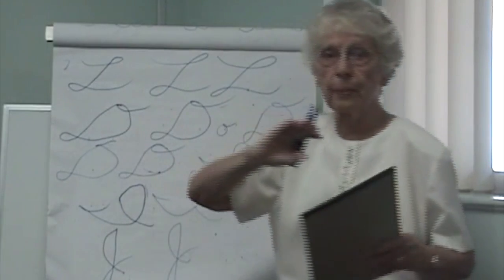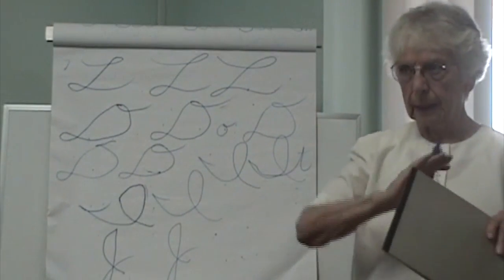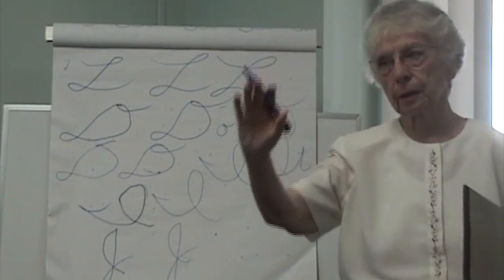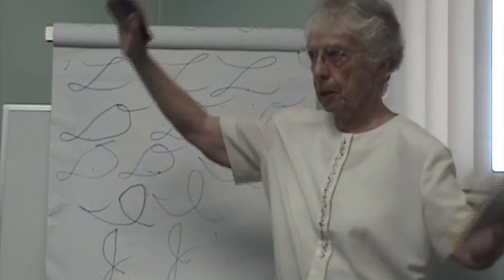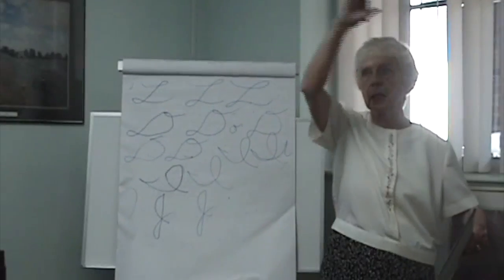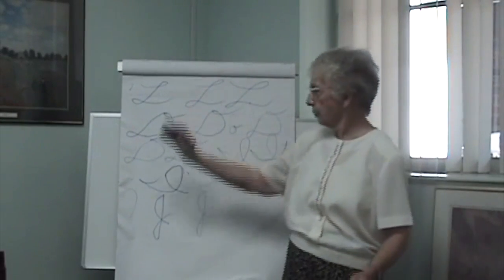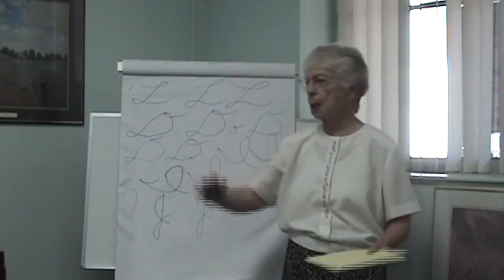This one is going to be a decoration downtown in New York. And you know how they have these great big candy canes? Rockefeller Center has a big candy cane. So for our uppercase letters, we're going to have large candy canes.